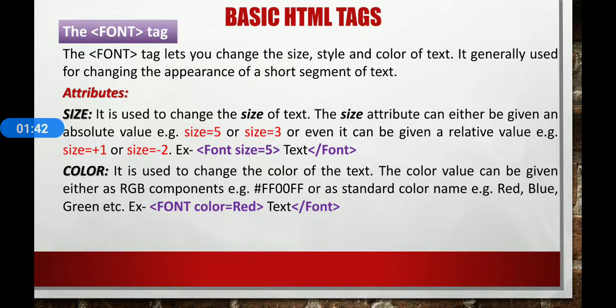The RGB components are denoted by a preceding hash sign followed by a 6-digit hex number. For example, font color equal to red. Whatever is written between font and /font will display in the color red.